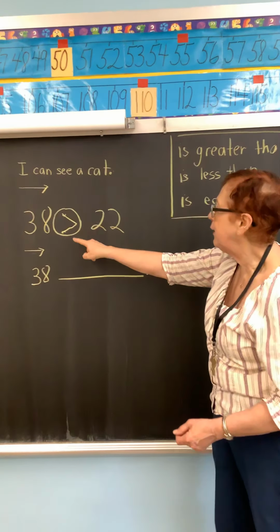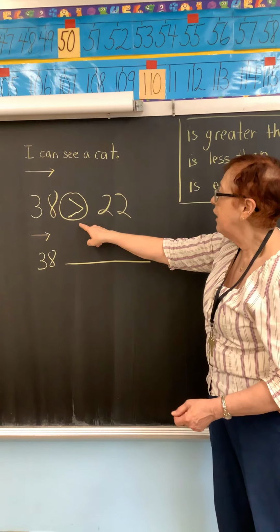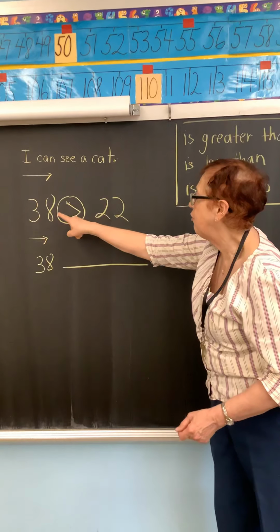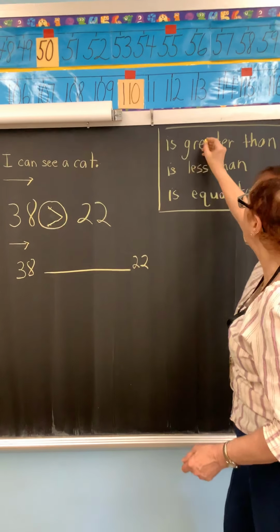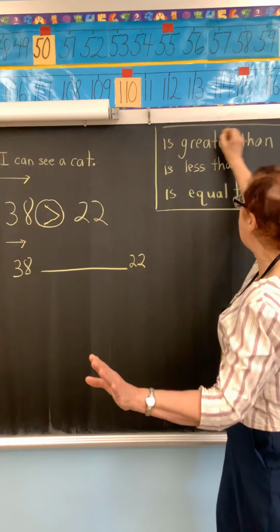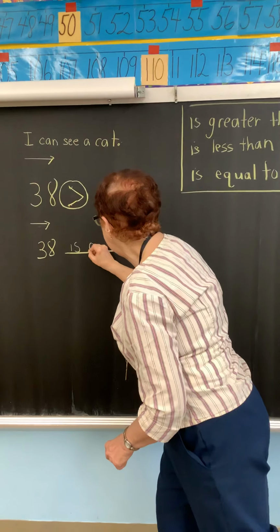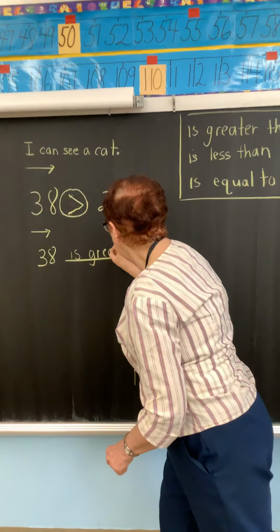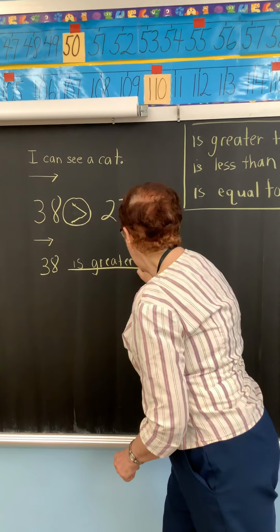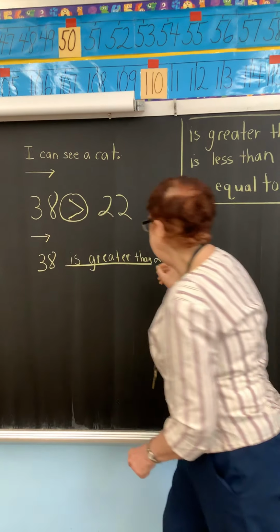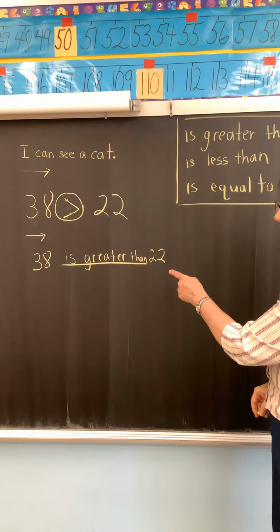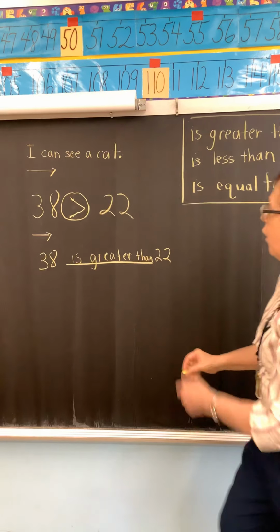So look, you're still going to put your symbol. You're saying here that 38 is greater. I'm not going to circle it now, but you would circle it and you would just write 38 is greater than 22. So this is the extra step that we're going to add in, okay?